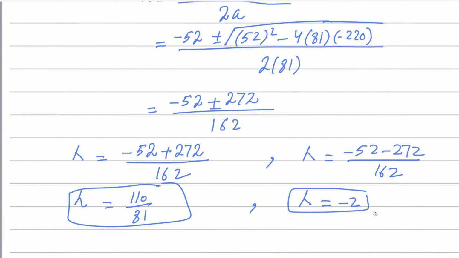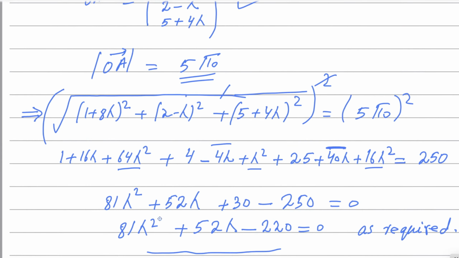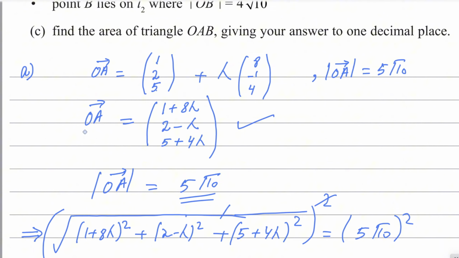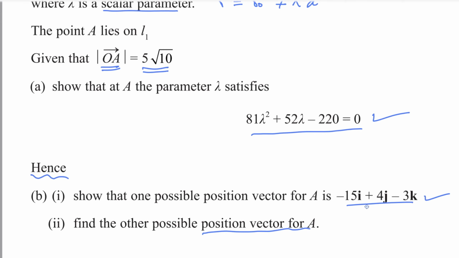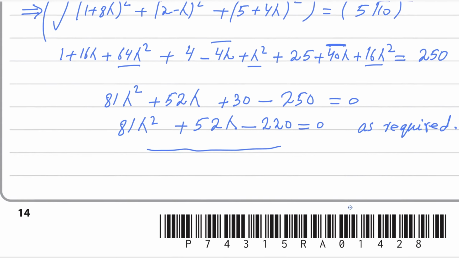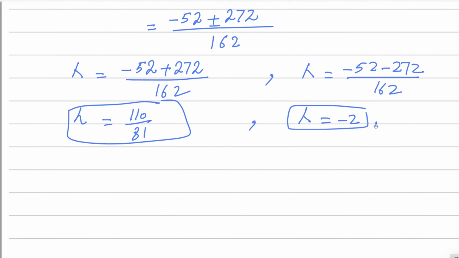If you plug in this value or that value here, for sure you will get the answer for the position vector of vector A. Because the fraction part will not give you this answer, because there are no fractions given in this vector. Therefore, we could use this value of lambda in the position vector.